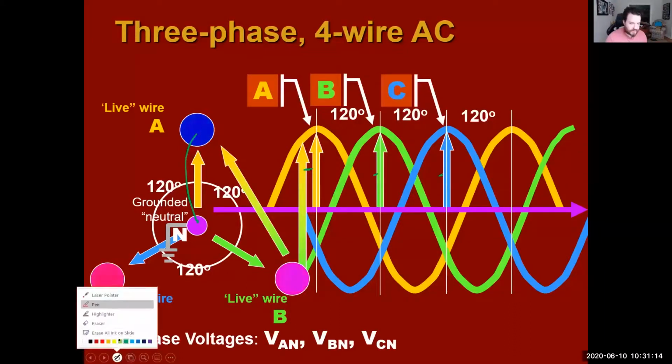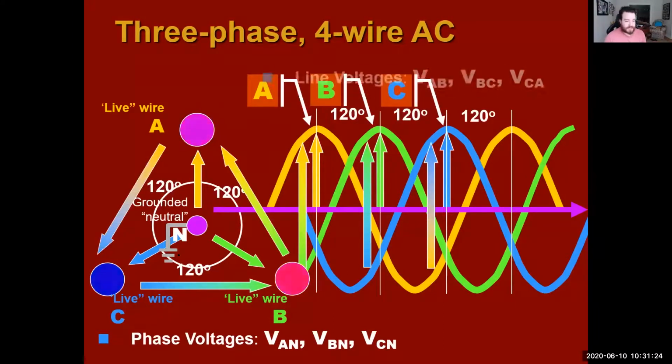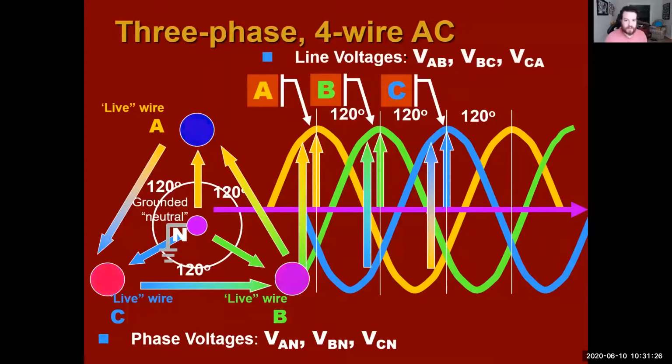But then we also have our voltages from A to B, B to C, and A to C. There we go. We have our line voltages. All right. So we have our phase voltage and we have our line voltage.